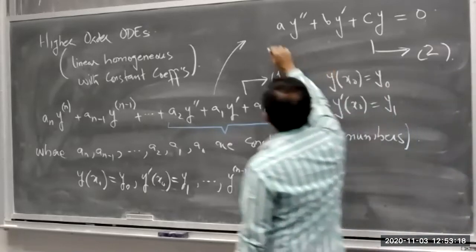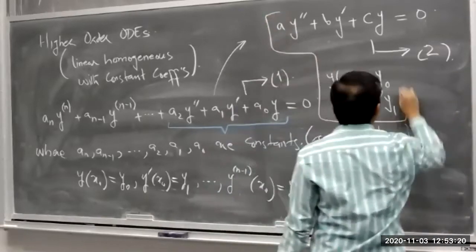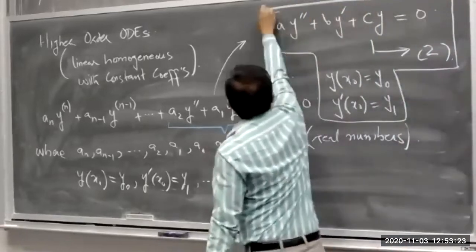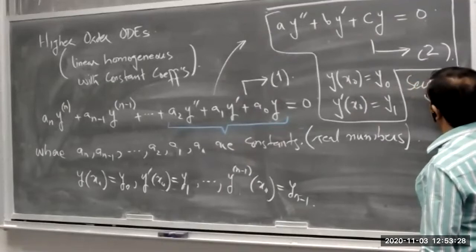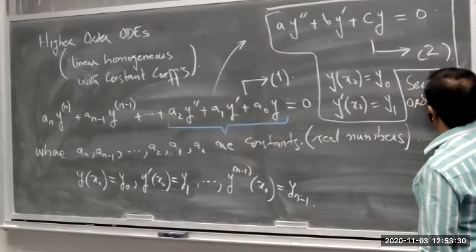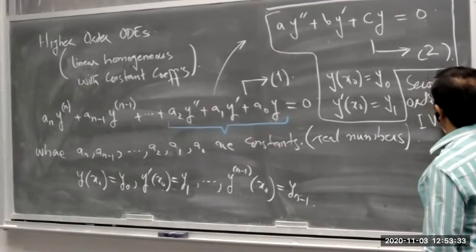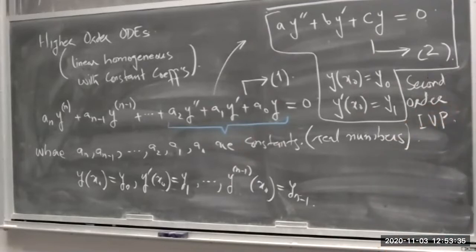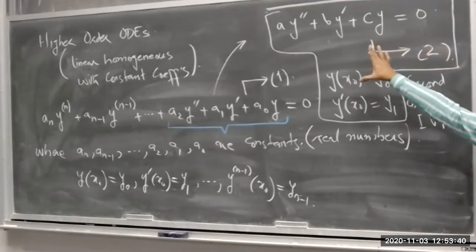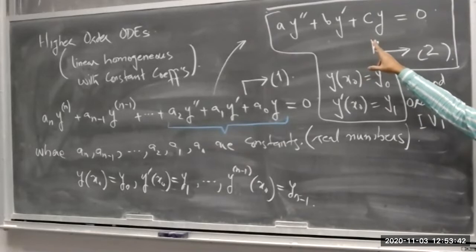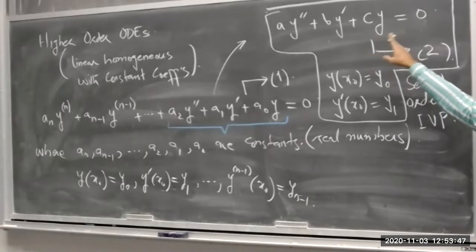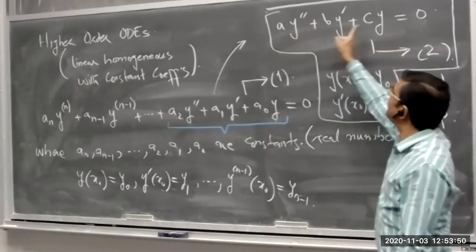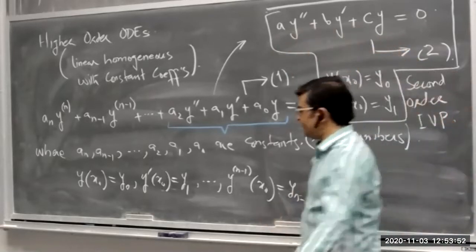So this equation, along with these two initial conditions, is a second order initial value problem. Now we are going to discuss how to solve this initial value problem: a second order linear homogeneous ODE with constant coefficients, where a, b, c are real constants.